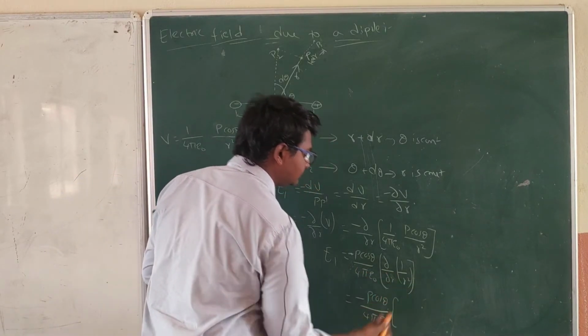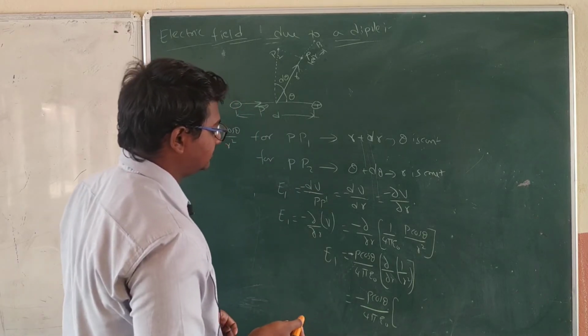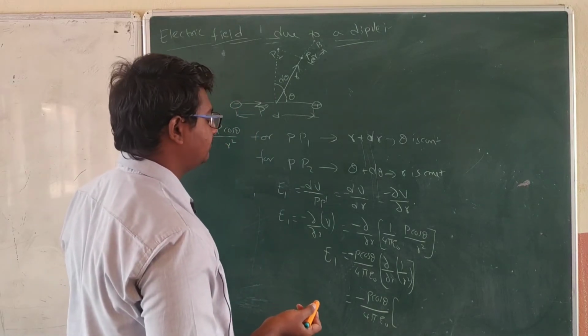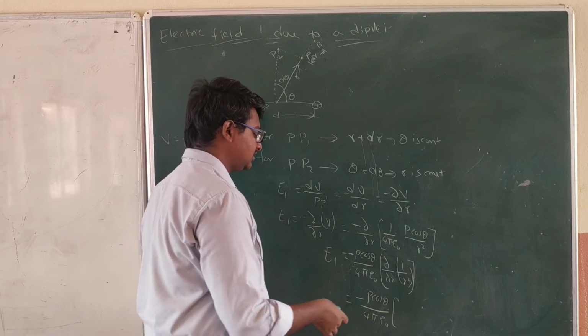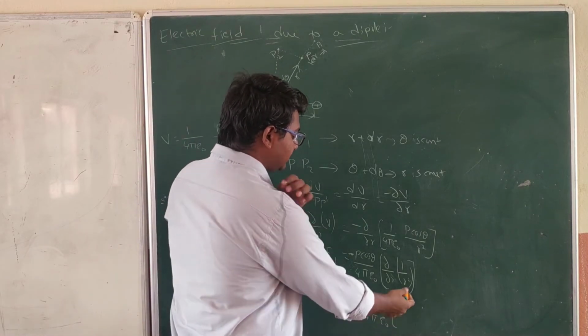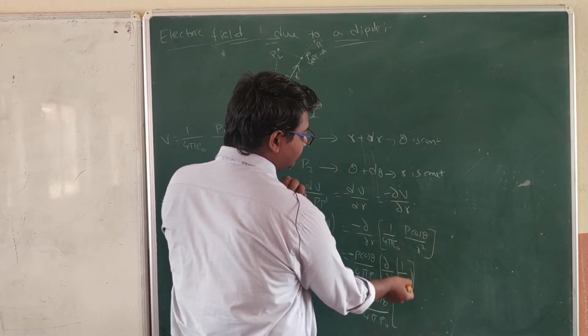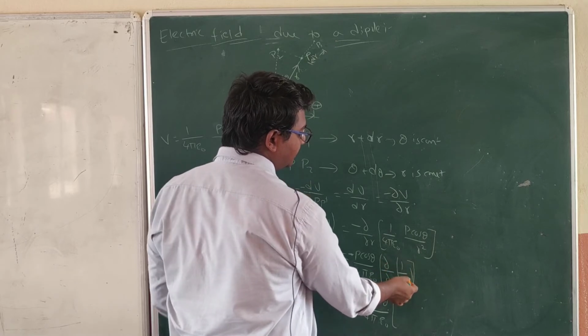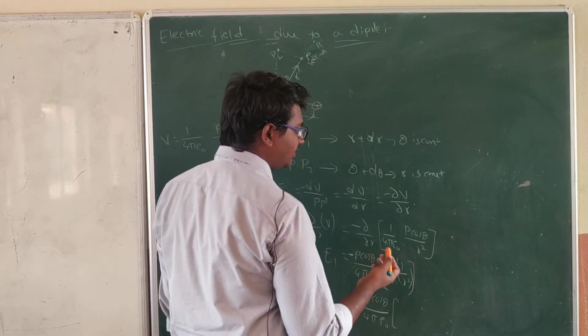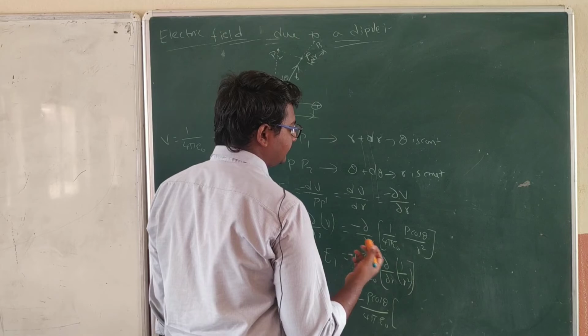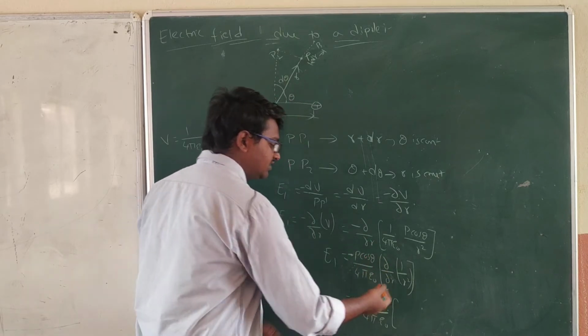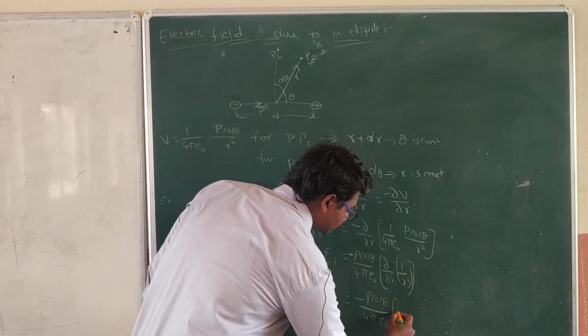We need to use the formula d by dx of x power n is n x power n minus 1, just the mathematical thing we know.